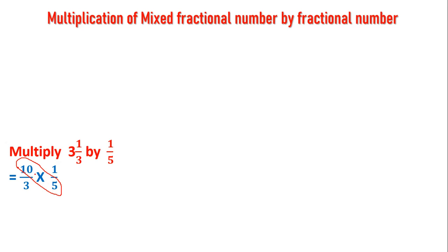So as you can see from these two numbers, that is 10 and 5, we will directly say that the number 5 is the common factor of 10 and 5. So I will divide this 10 and 5 by this 5. 5 2s are 10, so I will get 2 as the quotient. 5 1s are 5. After dividing this 5 by 5 I will get 1 as the quotient.